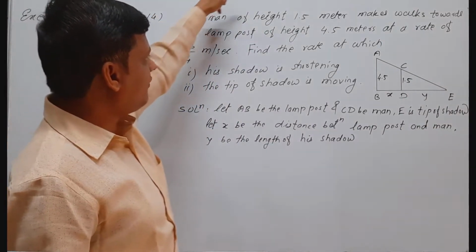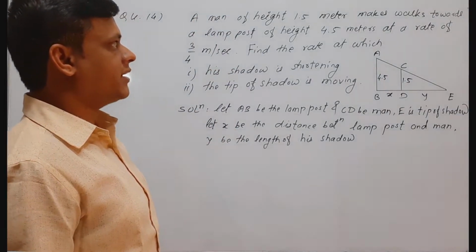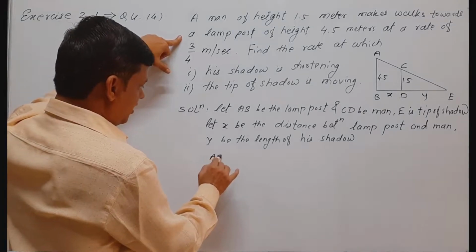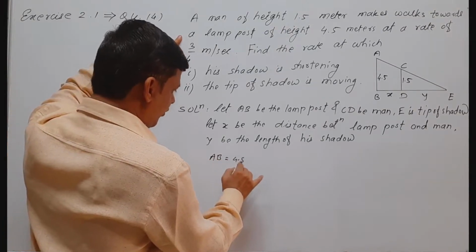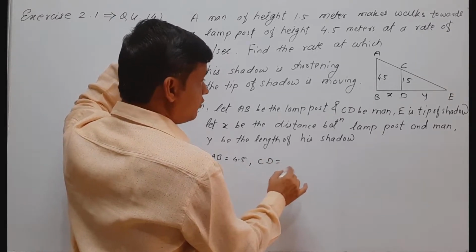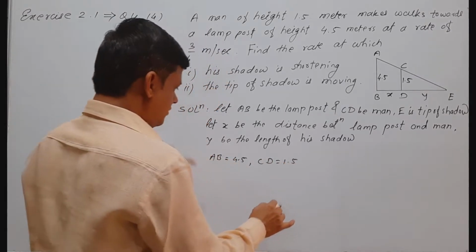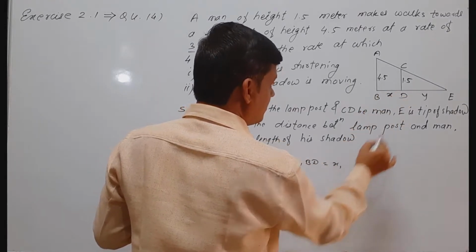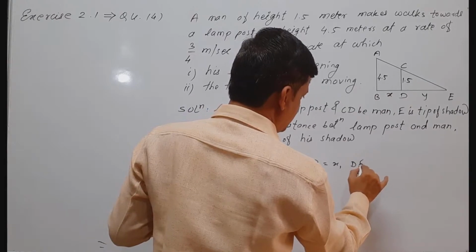Here a man of height 1.5 meter walks toward a lamp post. So here AB is equal to 4.5, then CD is equal to 1.5, BD is equal to X, DE is equal to Y.